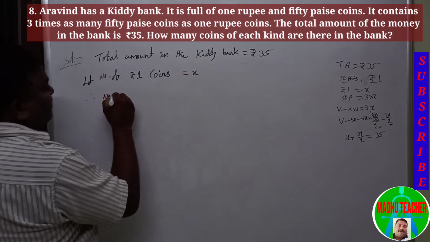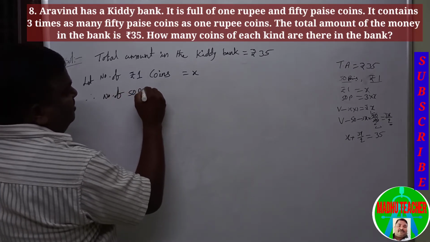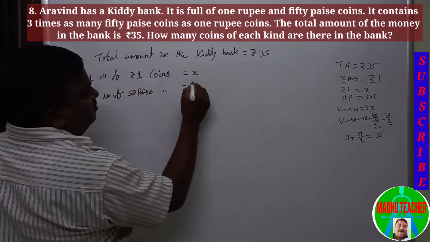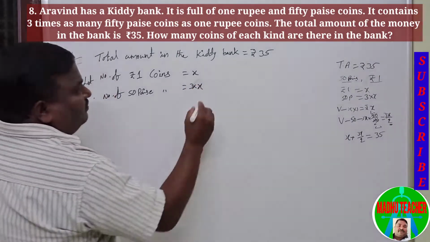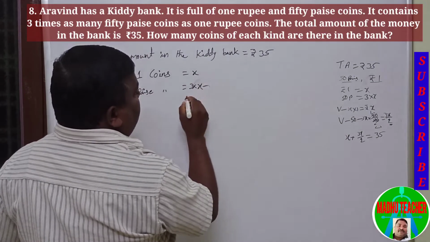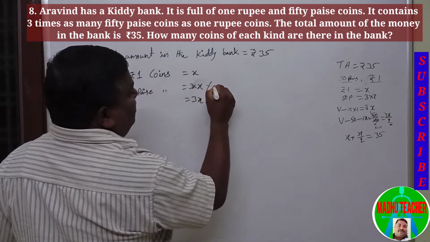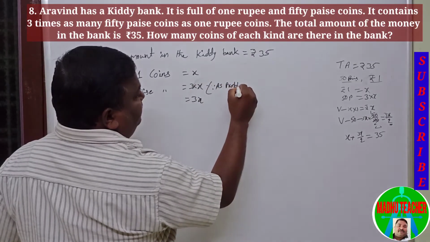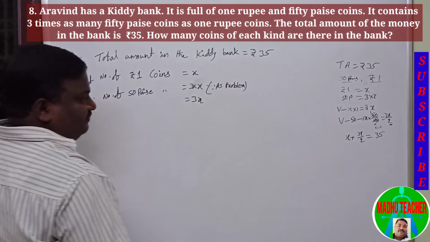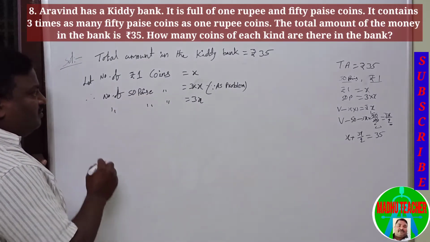Therefore, number of 50 paise coins equals 3 times the 1 rupee coins, that equals 3 into x, 3x. How can you know this? As per the condition, as per the problem. Okay, so this is the number of 50 paise coins.